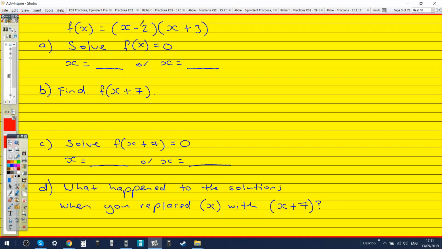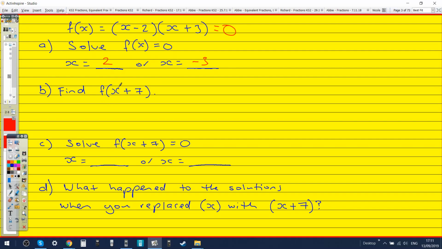Quadratics. You have this is equal to 0. What are the two answers? So you have to find the number there. Oh, sorry. 2 or -3. That's it. Cool. So x equals 2 or x equals -3.